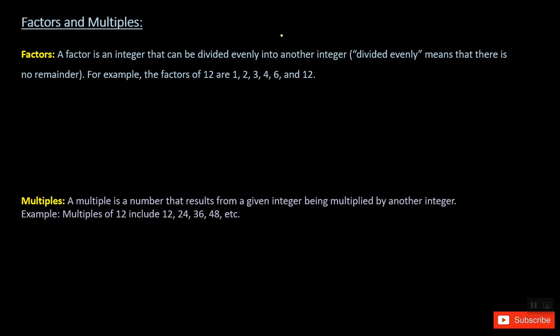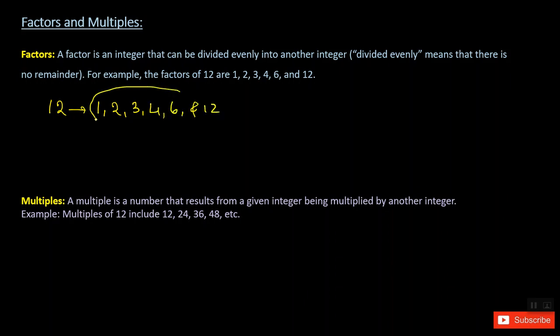Factors and multiples. A factor is an integer that can be divided evenly into another integer. So let's take an example here. 12. This is an integer, okay? And 12 is divisible by which numbers? 12 is divisible by 1, 2, 3, 4, 6 and 12.